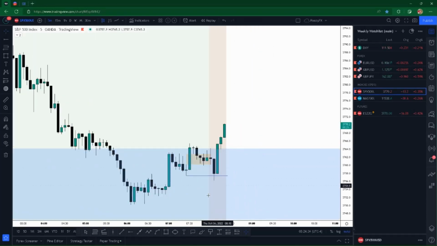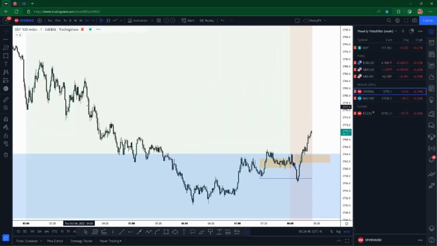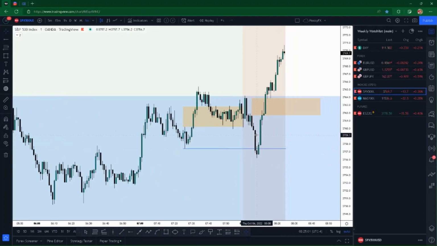Now at this point, I would definitely go long if price can get back down into this level. So notice how we dig down into the 1 hour fair value gap, right? We break to the upside and then retrace right here in New York Open. And then we displace to the upside again.